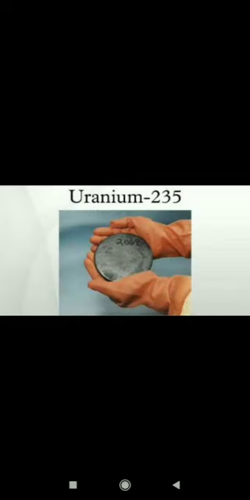So uranium-235 looks something like that; this is a real picture. When uranium is bombarded with neutrons, it gives rise to barium-144 and krypton-89 along with 3 neutrons. Now these 3 neutrons again bombard other uranium atoms.